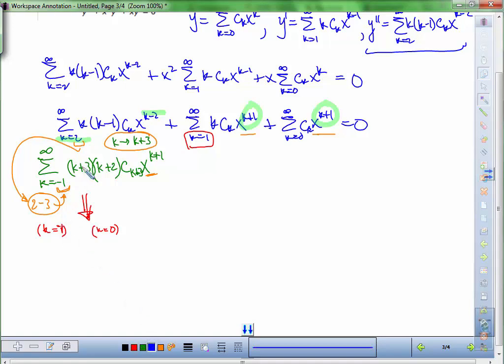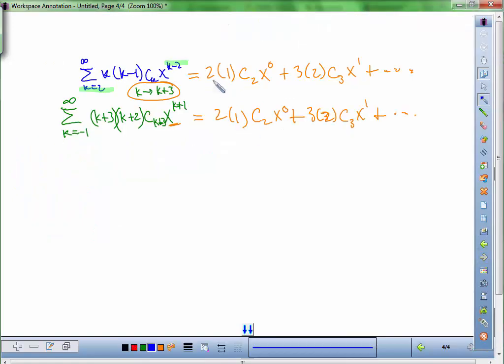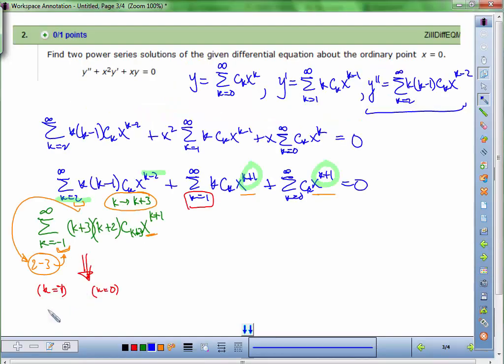So when k is equal to negative 1, I did that already on the other page, right? I have 2 times c2, that's it. So that's this series over here when k is equal to negative 1. When k is equal to 0, I have 3 times 2 c3 and x to the first power.